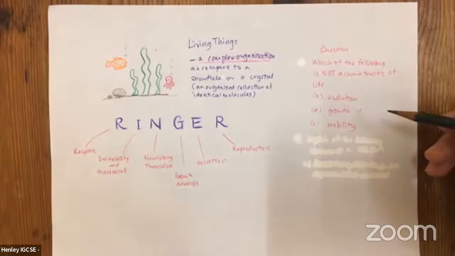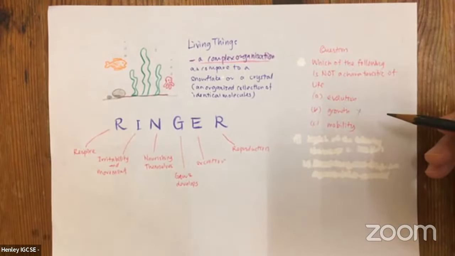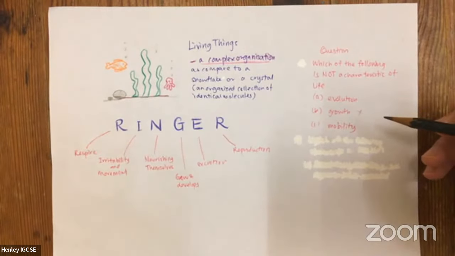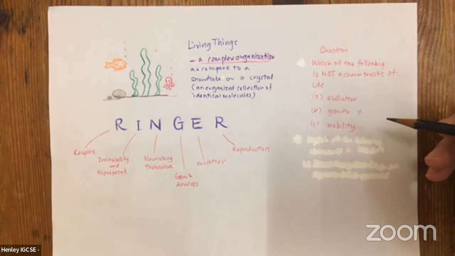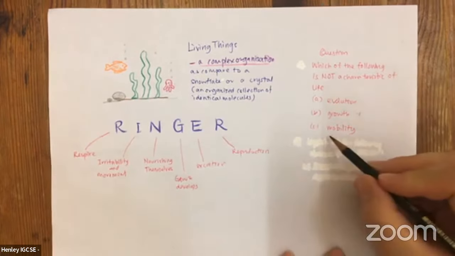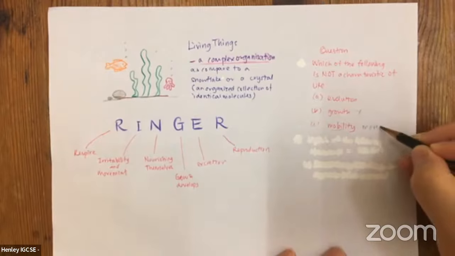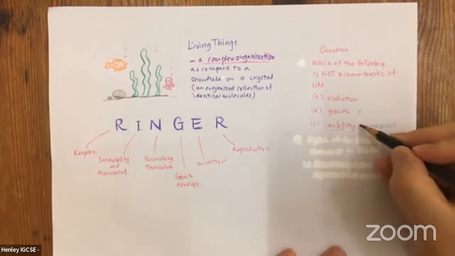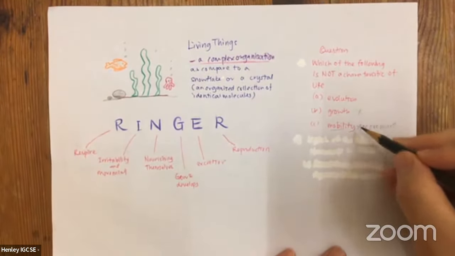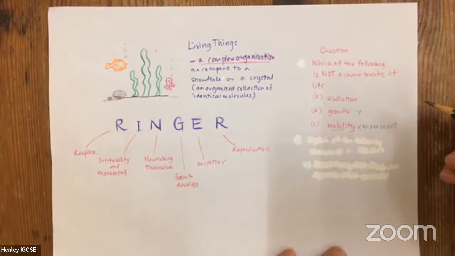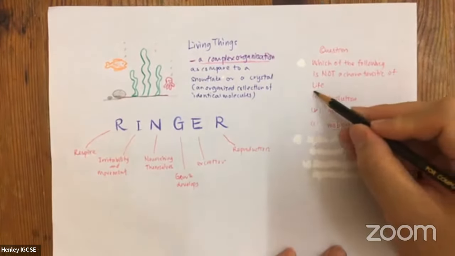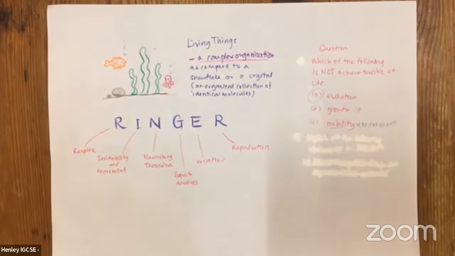Yes, I have to agree with you, because even though this is a science subject, sometimes the vocabulary is the key to determine our grade, right? Mobility, like mobile phone, means movement. So this is not the answer because both are characteristics of life. So the answer will be A, evolution.